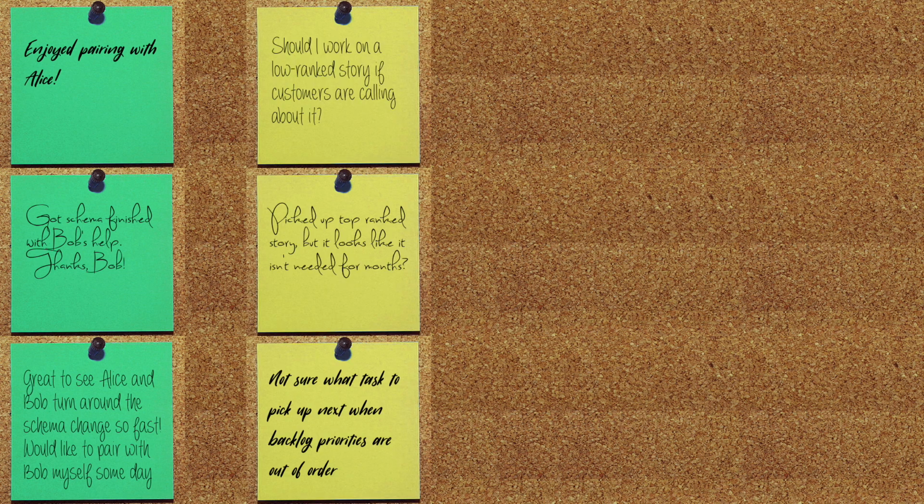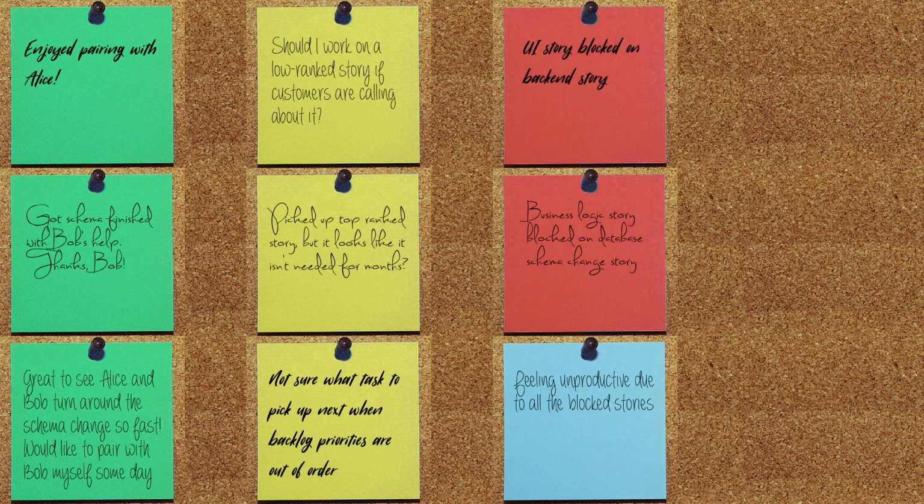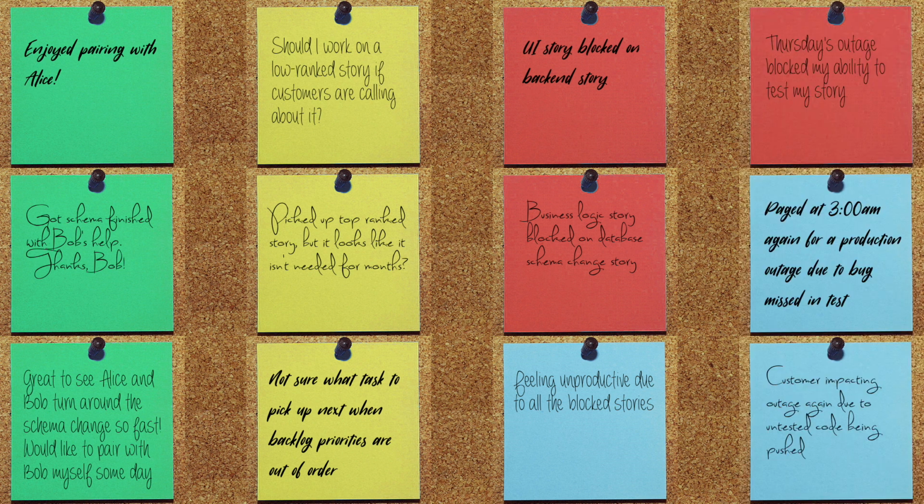In our example here, the green stickies have a common theme that pair programming has been productive for the team. The yellow stickies also have a common theme. The team is confused about story priorities. 2 red stickies and a blue sticky are about blockages due to dependencies between stories. Finally, 2 blue stickies and a red sticky are about an outage that occurred due to missing tests.